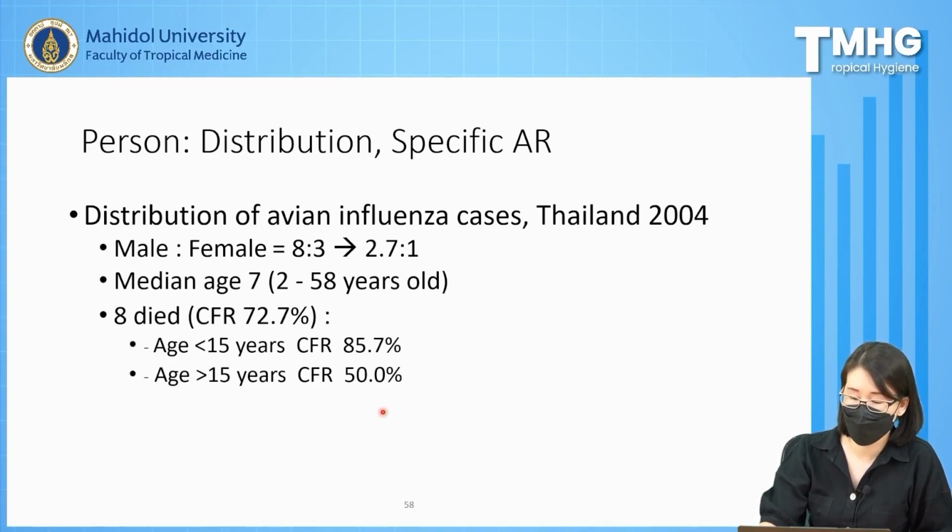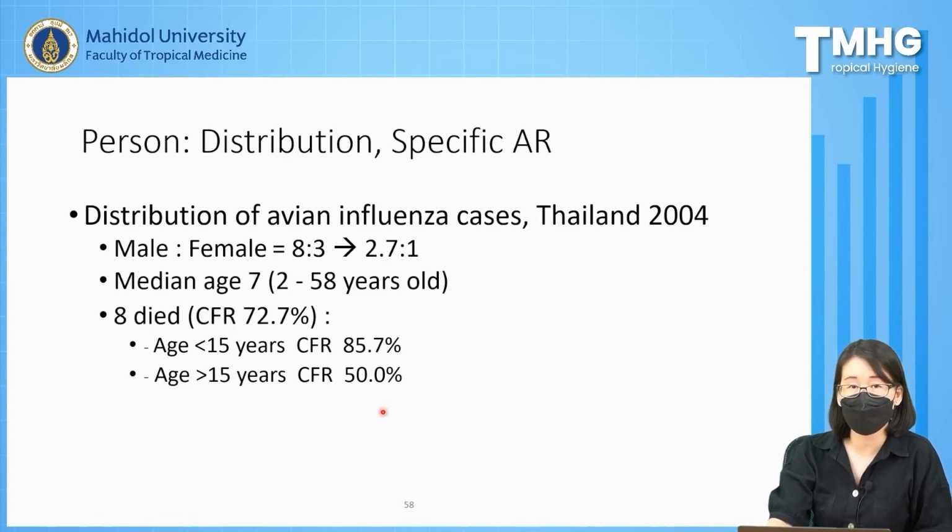What is the case fatality rate for COVID-19? The case fatality rate right now is about 0.09%, which is far better than avian influenza.